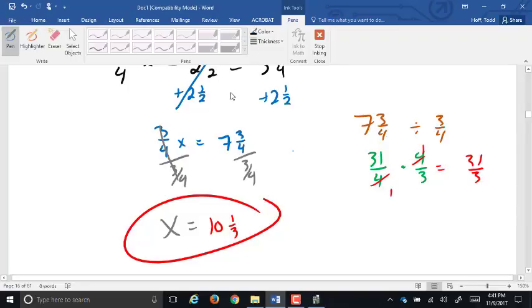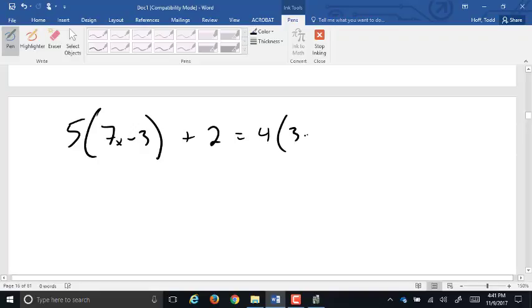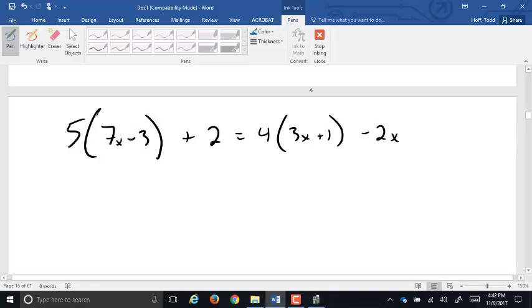You may have equations with parentheses in them, like this. Tell me what to do here.